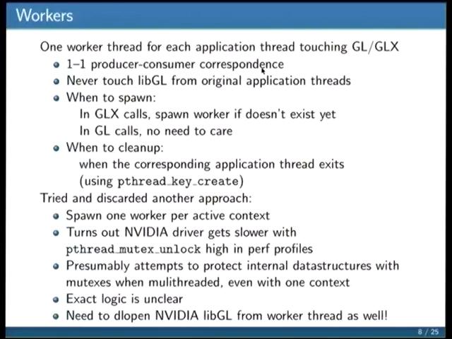But it is not exactly clear what the actual logic implemented there is. What is known is that if you use the model above, and you arrange that the NVIDIA driver is loaded from the worker thread with dlopen, then it works as if it did not notice that the context is multi-threaded, which is great.